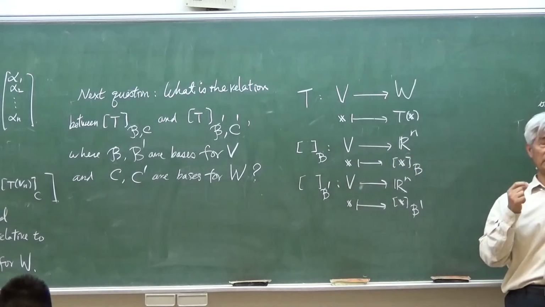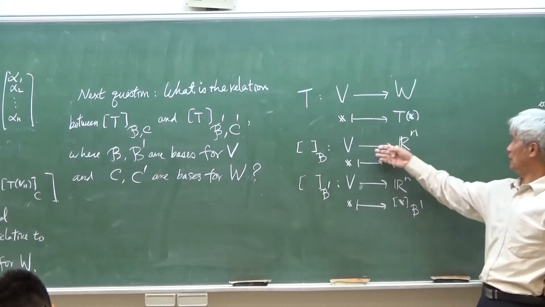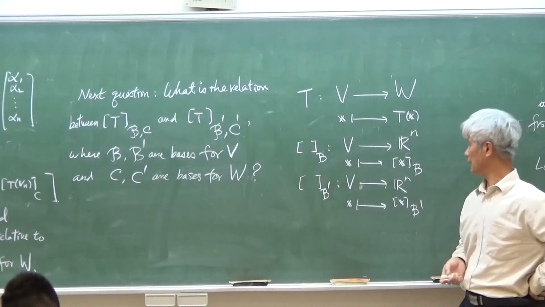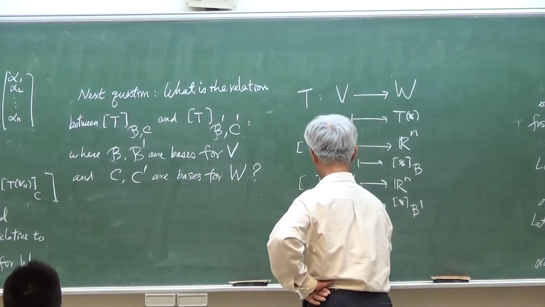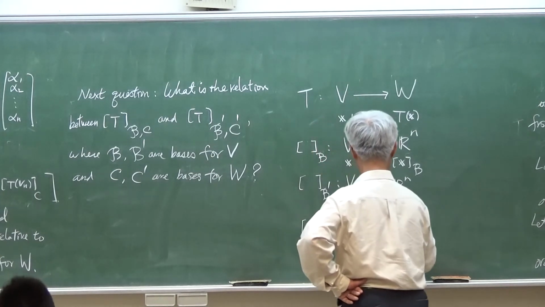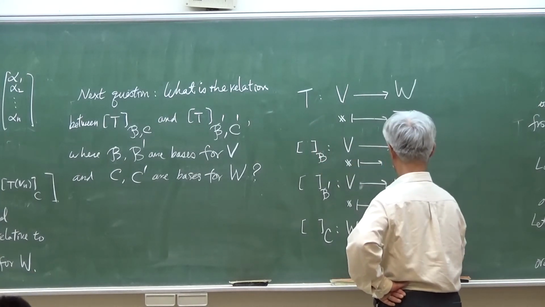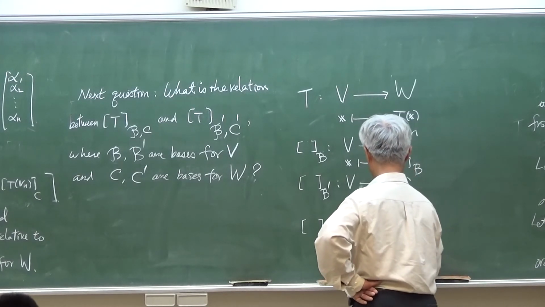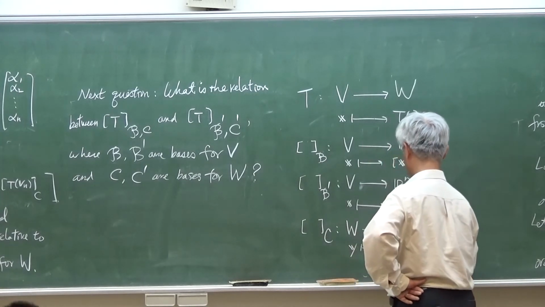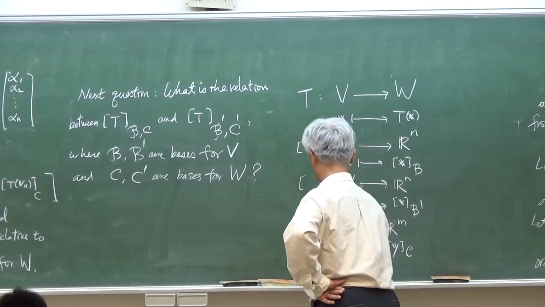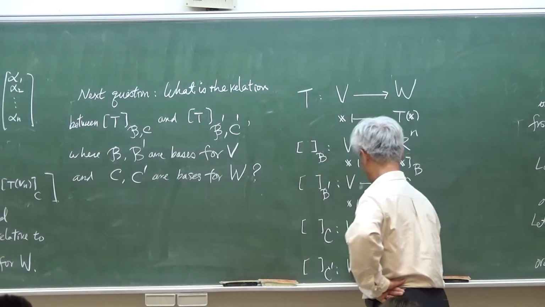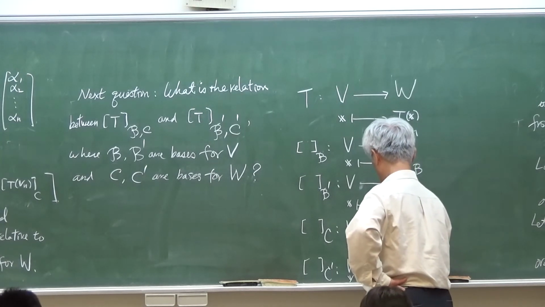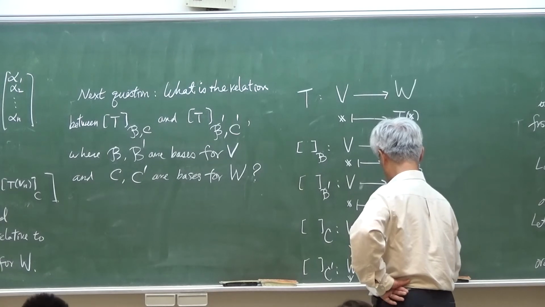So when we use different bases for V, we have this isomorphism. Now for C, W goes to Rm, so Y goes to Y_C, and with C prime, Y goes to Y_C prime.